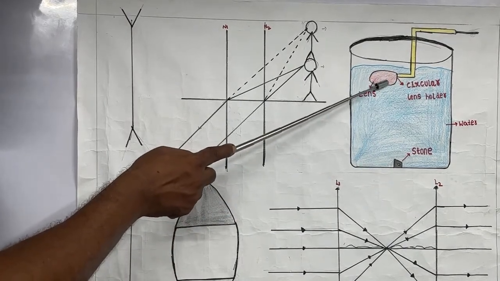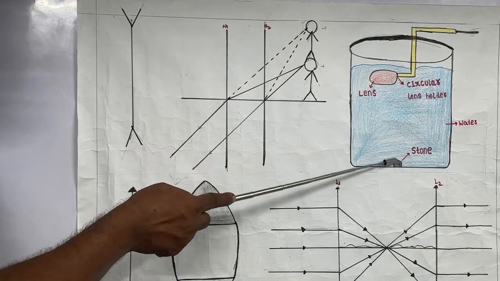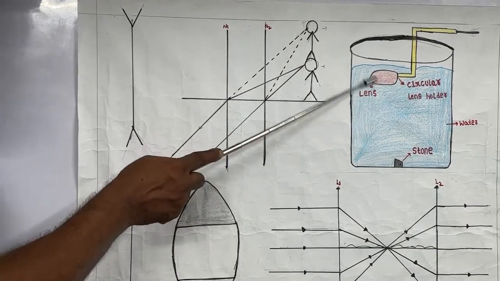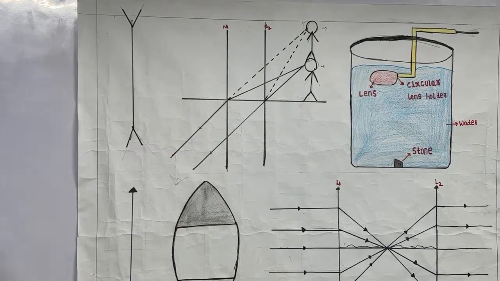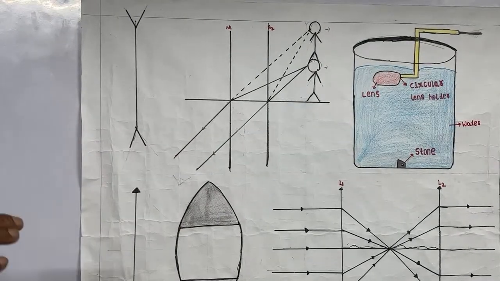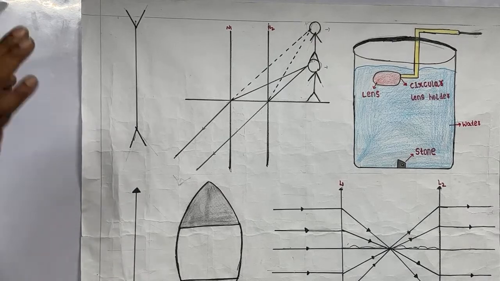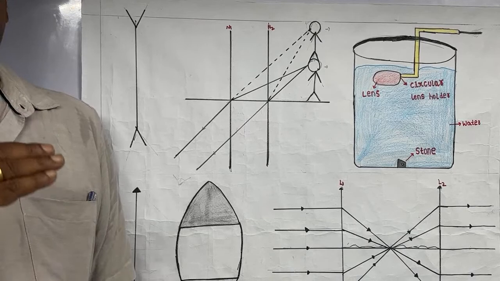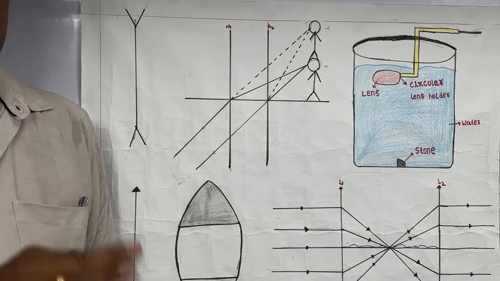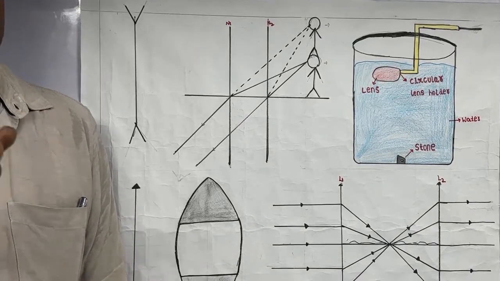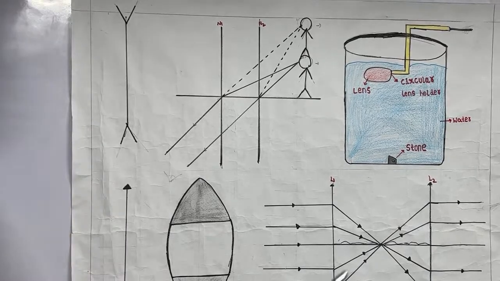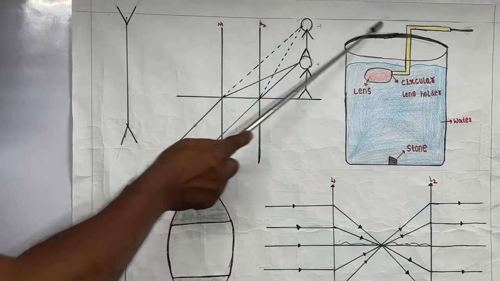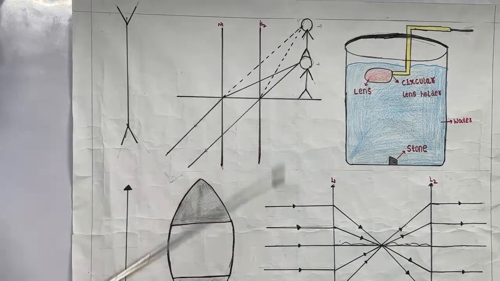The focal length of the lens changed from 15 to 18. That means whenever we immerse the convex lens in the water, the focal length is going to increase, not decrease, not remain the same. Here the focal length increased by 3 centimeters. So this is a very good experiment.